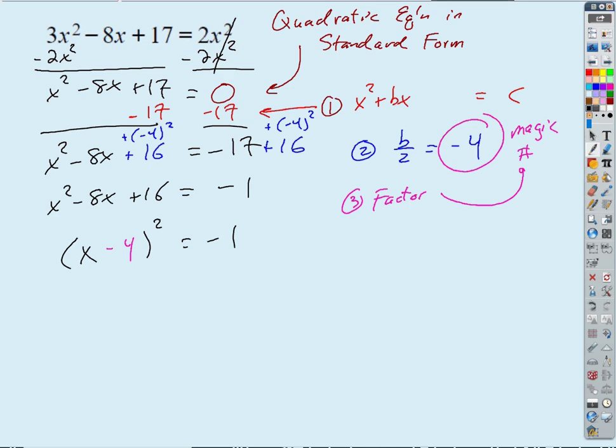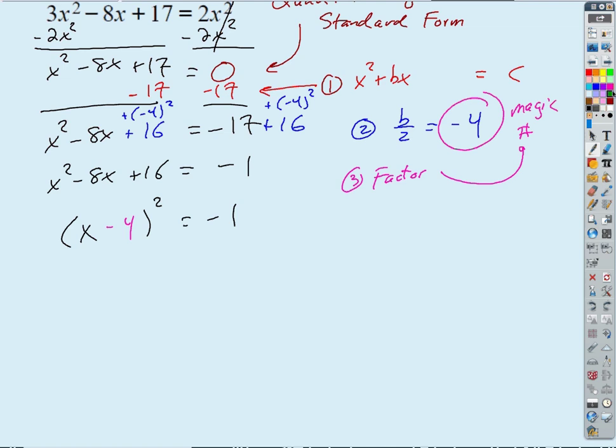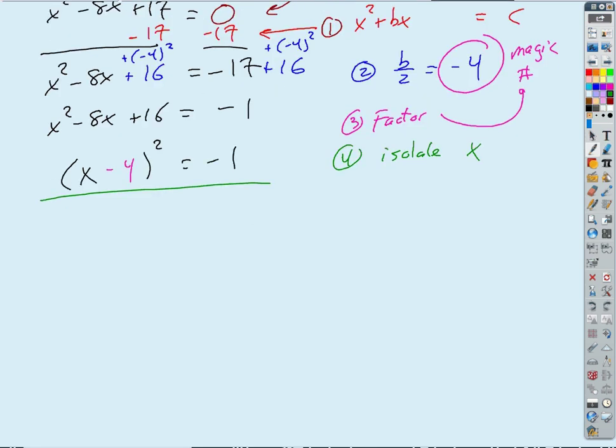Now what's next? Okay, good. I'm just gonna isolate x, right, from this point on. I'm gonna put a line under this, because this is where we changed: isolating x. We completed the square. Now, isolate x. And the first thing to do is square root.